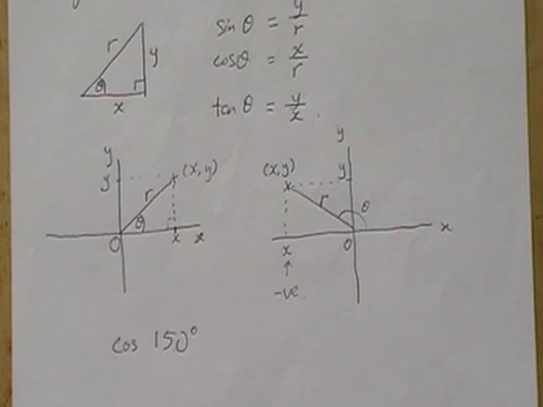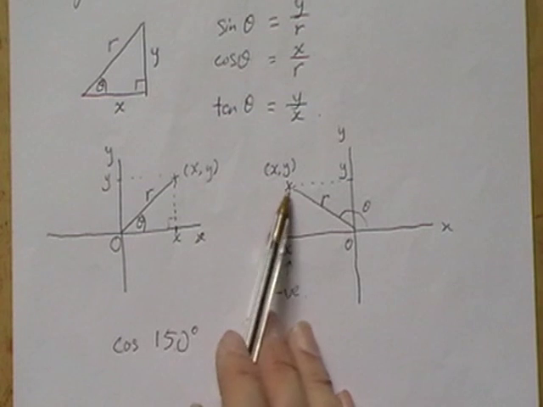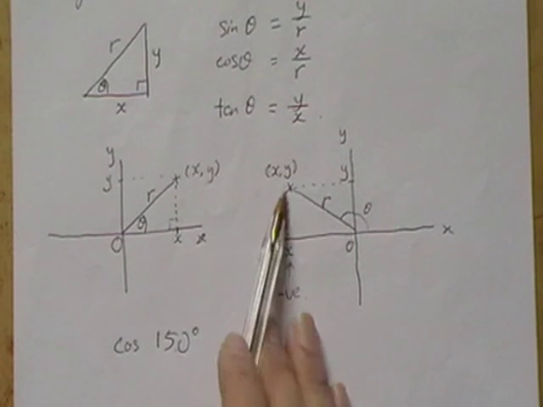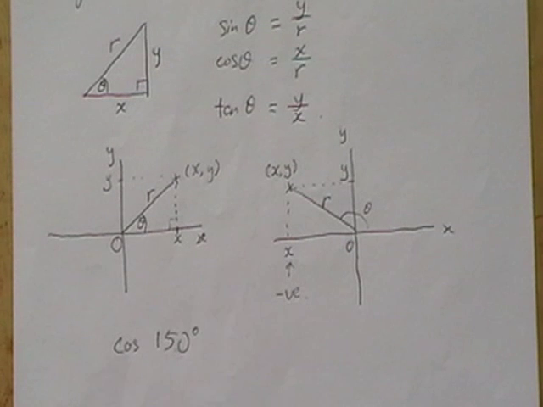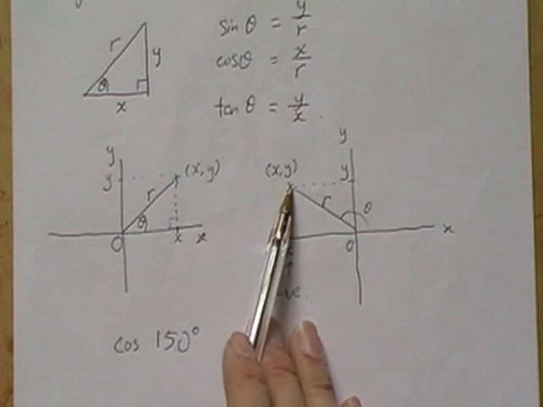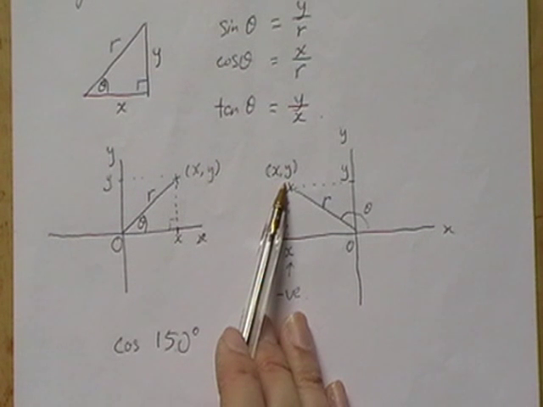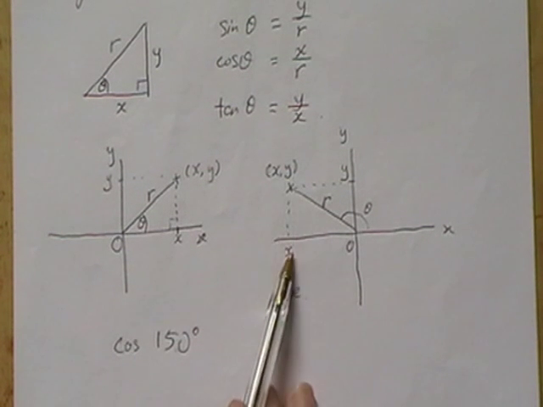How do we do that? Now we can of course draw a picture on the graph and actually measure the length of these sides and find the x and y values.